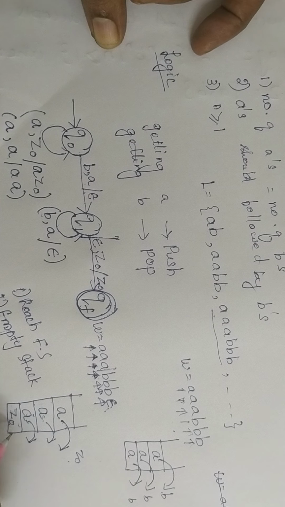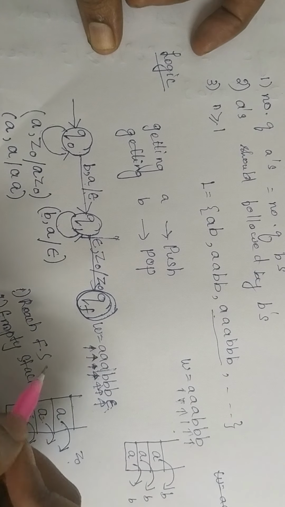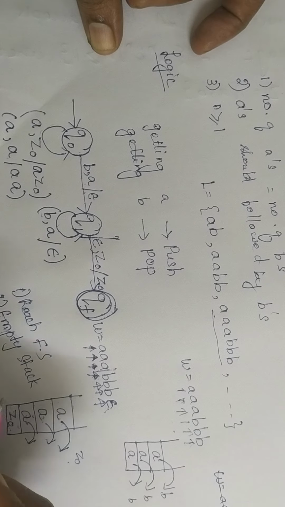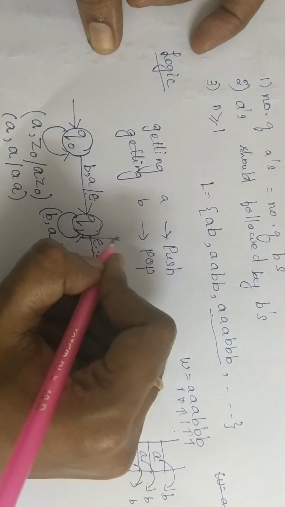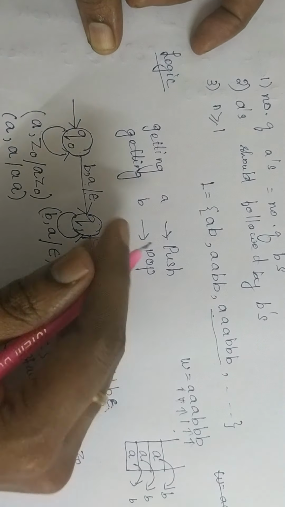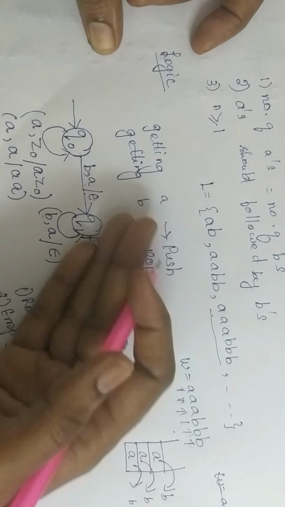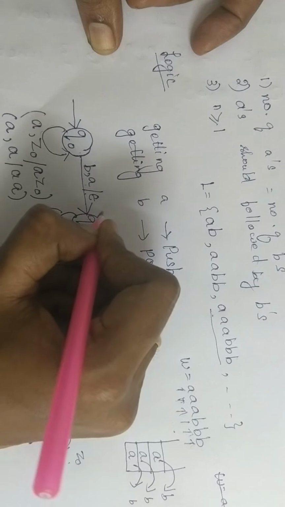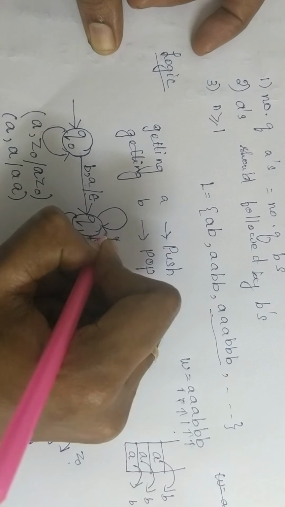At that time, if you are going to accept the string by emptying the stack, you just forget about this part and only consider this one. In this way we can accept.